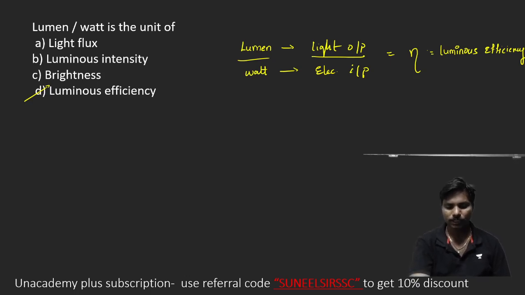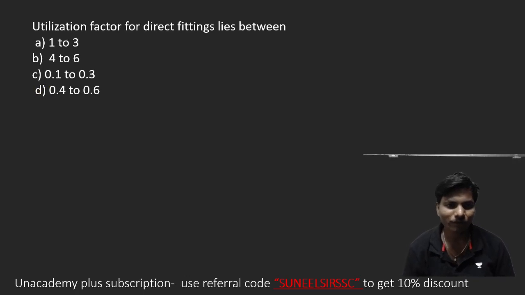Coming to the next question, guys. Utilization factor for direct fittings lies between dash. It is a static value, 0.4 to 0.6.